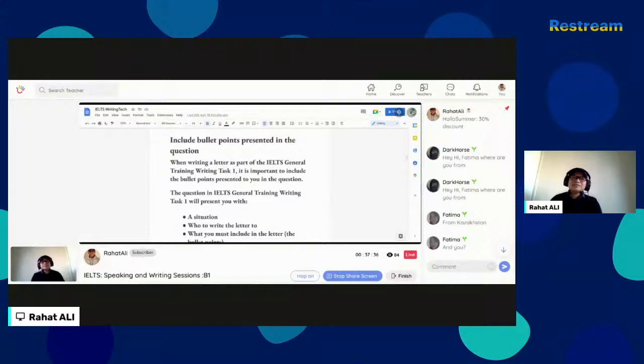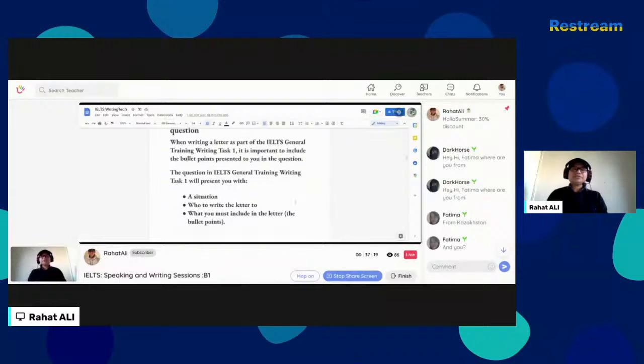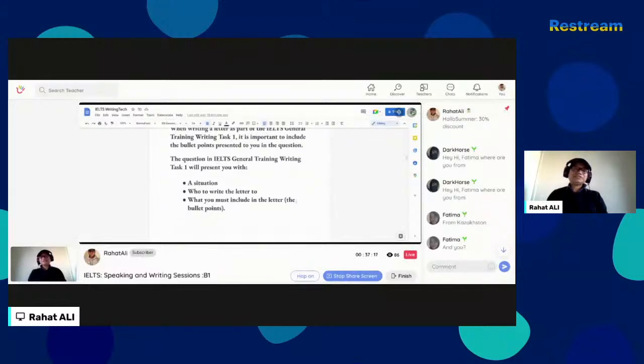Okay, when writing a letter as a part of the IELTS General Training Writing Task 1, it is important to include the bullet points presented to you in the question. Once again, the question in IELTS General Training writing task will present you with a situation, who to write the letter, what you must include in the letter, the bullet points.